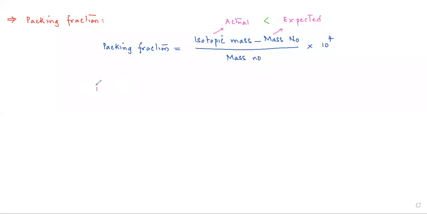Let us suppose case 1. Negative packing fraction refers to a stable nucleus, whereas a positive packing fraction refers to an unstable atomic nucleus.